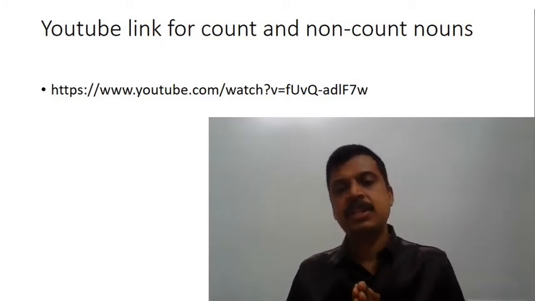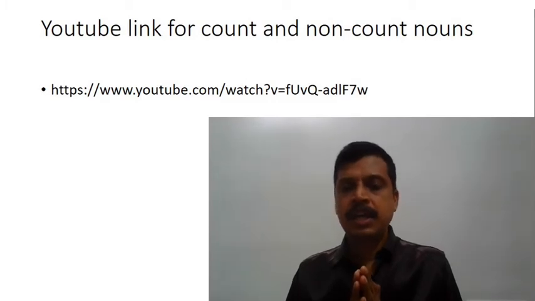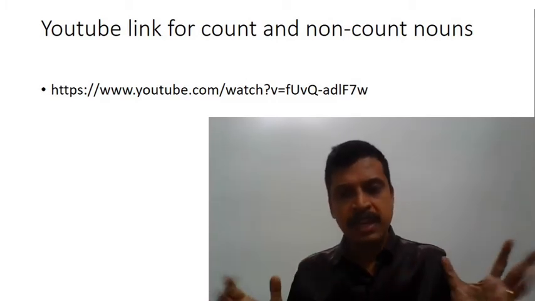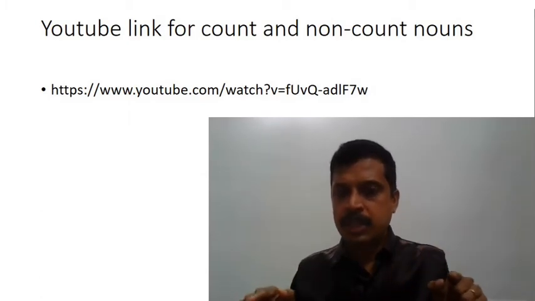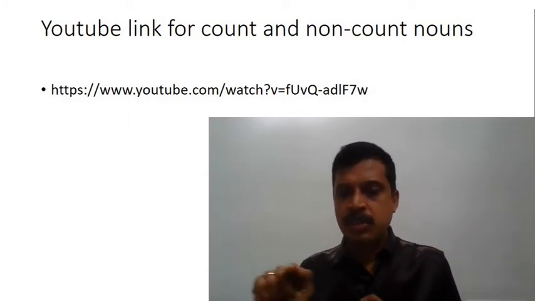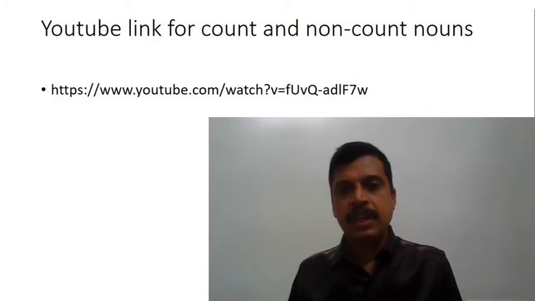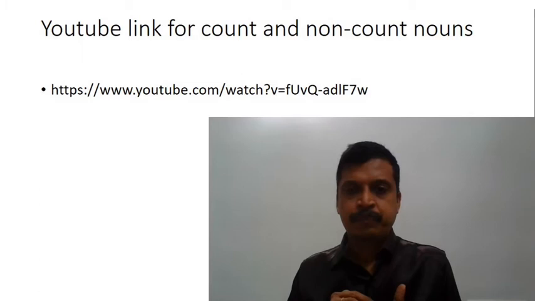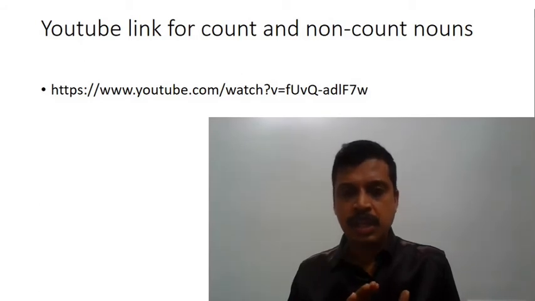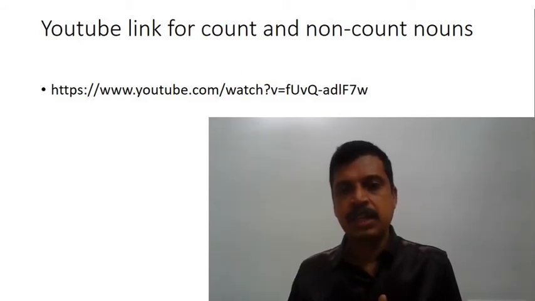The practice session, I do in a playway method. The students are asked to stand in a circle, and they will have a box. The box contains chits on which the names of objects, both count and non-count, are written.